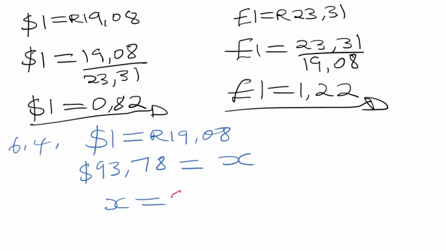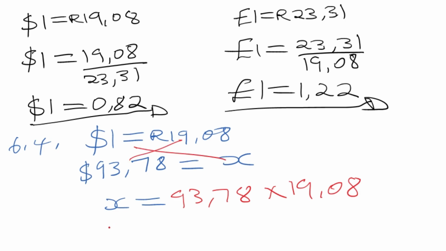Here we need to say 93.78 multiplied by 19.08. We are just cross multiplying, and then the value of x should be in rands, because we're talking about money.